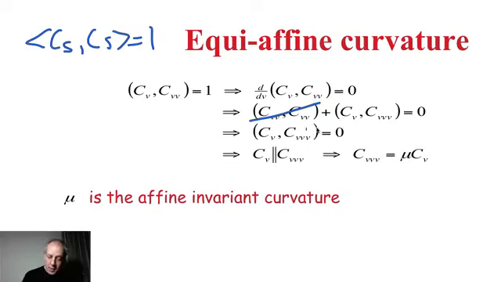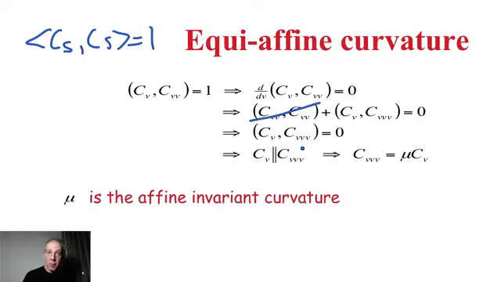So we end up that the determinant here is equal to 0, which means once again that these two vectors are parallel. When we took derivatives here, we had that the inner product was 0, so the two vectors had to be perpendicular. For the determinant to be 0, the two vectors have to be parallel.